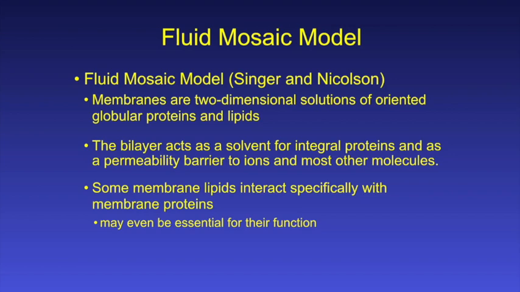The fact that membranes are moving is wrapped up in the idea of the fluid mosaic model. And we have membranes that are two-dimensional solutions that have particularly oriented proteins. Okay?